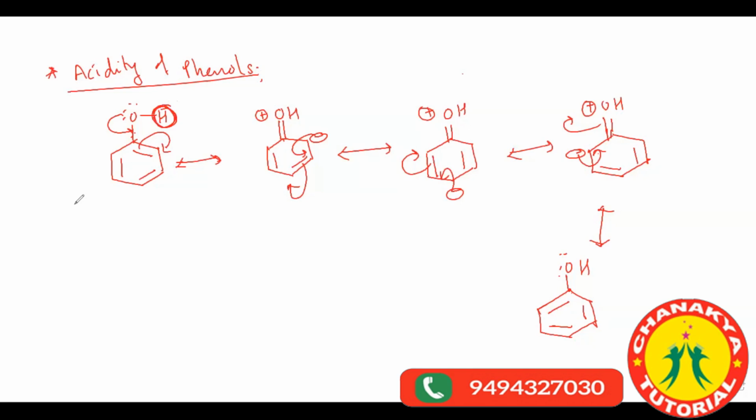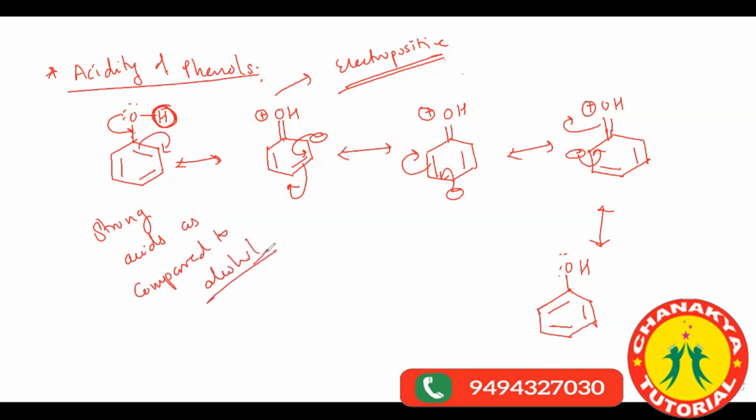We have seen in the alcohol, alcohol easily donates the proton, but here donation of proton will not happen easily because delocalization of electrons takes place, right? And your oxygen becomes electropositive. Yes or no? And because of that, these phenols are strong acids as compared to alcohols.